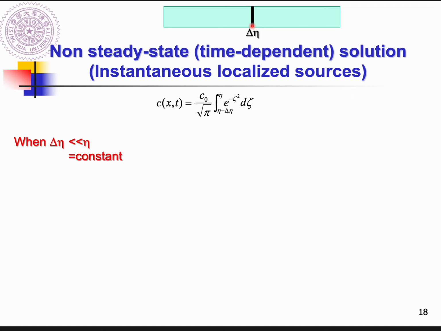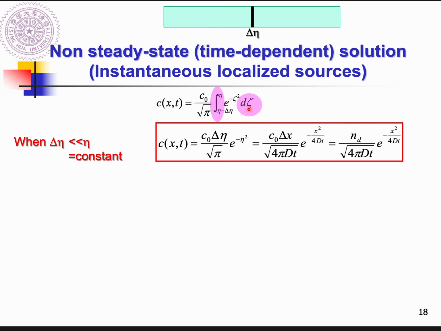Under these conditions, we also assume the concentration inside this thin layer of diffusing atoms remains constant. Under this situation, we can use delta eta to substitute this integral term, so it becomes like this, right?